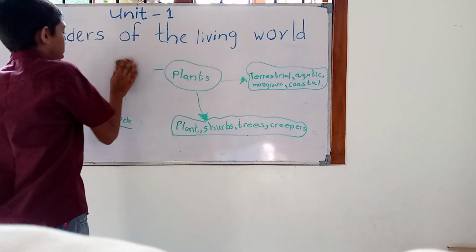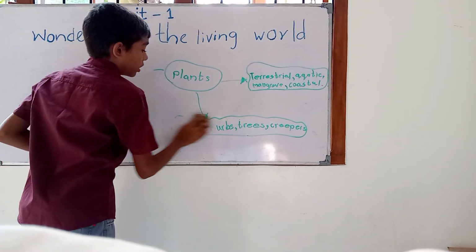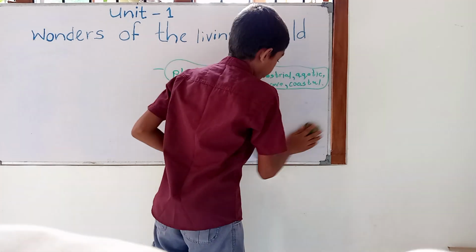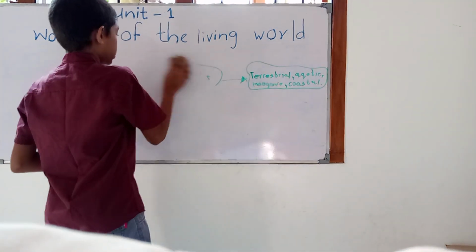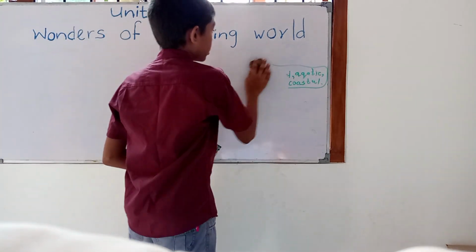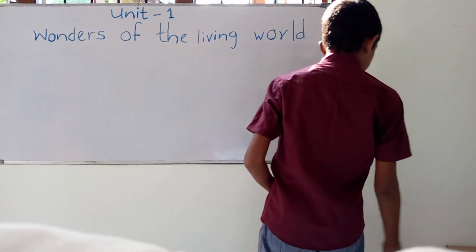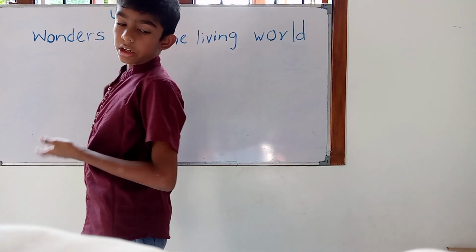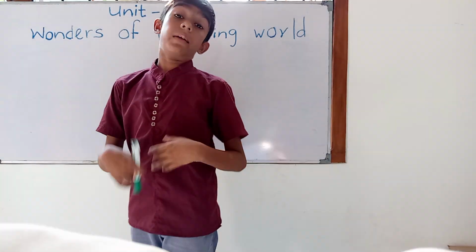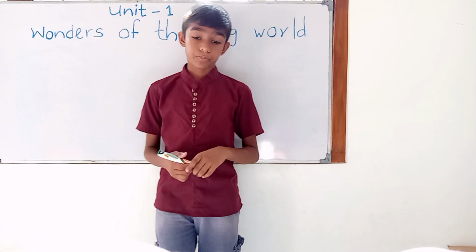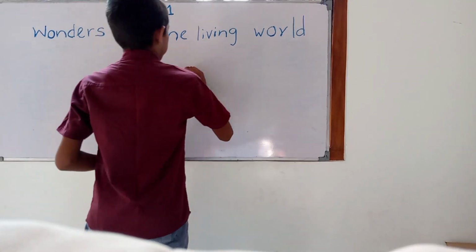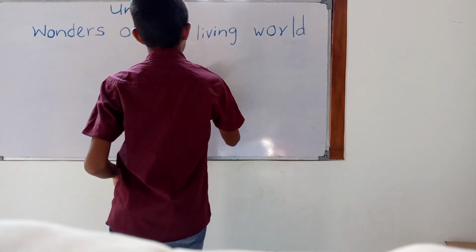On to our last one, animals. And when you take animals, you can see the diversity of animals. Now, what is the diversity among these animals? Well, you can divide them into 5 groups.